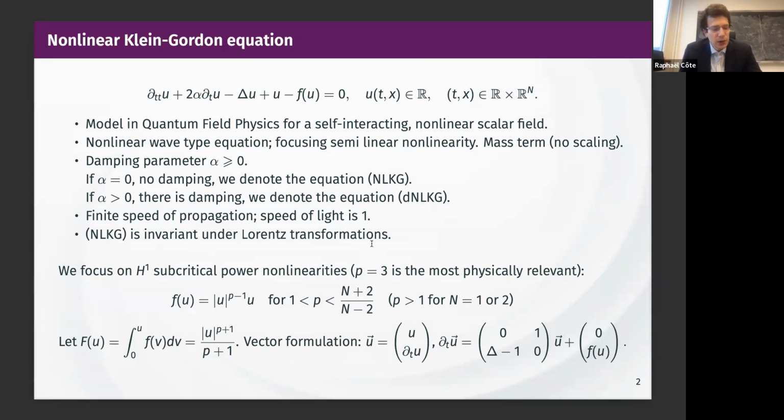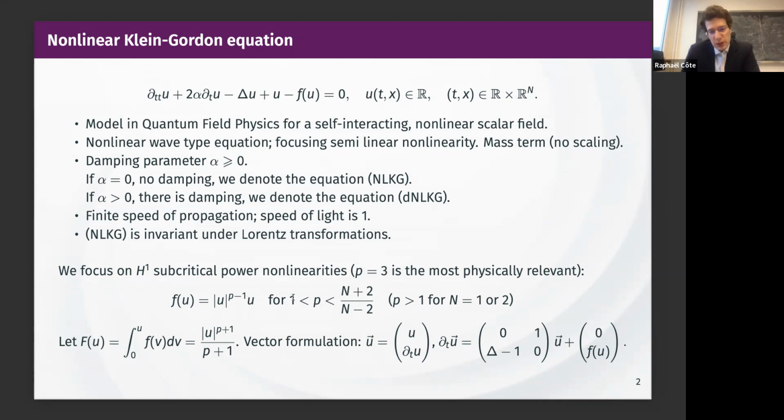Okay, so about the nonlinear term, keep in mind that p equals 3 is the most physically relevant nonlinearity, but at no great cost we can look at H1 subcritical nonlinearities, that is p bigger than 1 and less than n plus 2 over n minus 2.